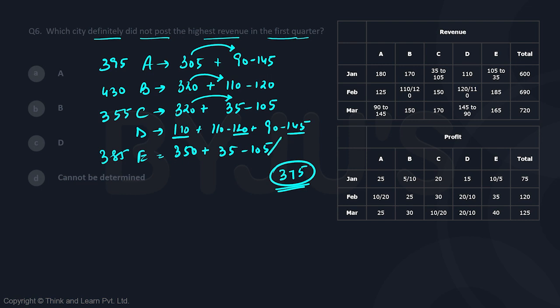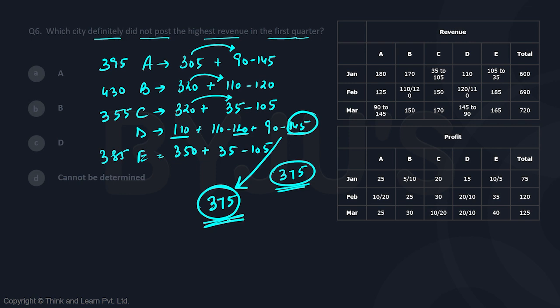That if I talk about D, the maximum possible revenue of D is 110 plus 120, which is 230. 230 plus 145 is equal to 375. Yes, I have already calculated that.